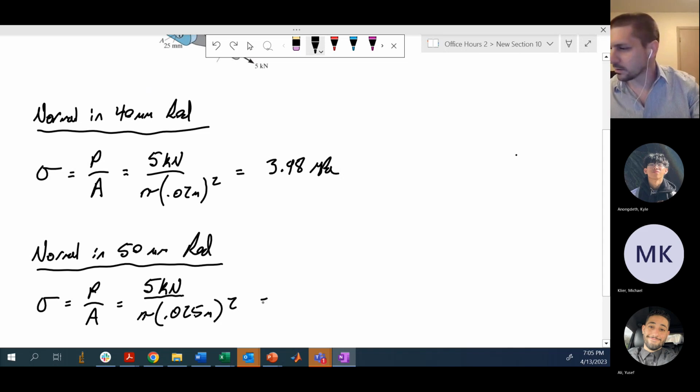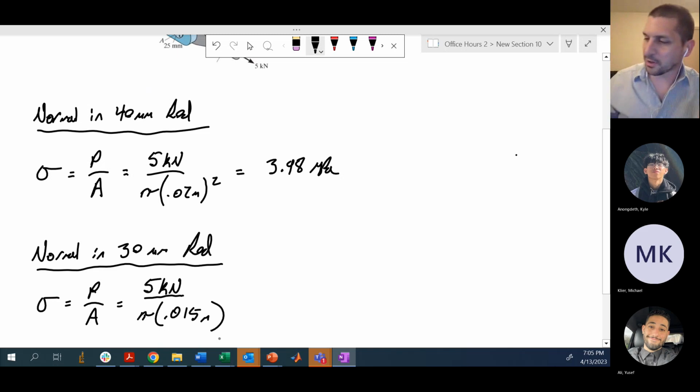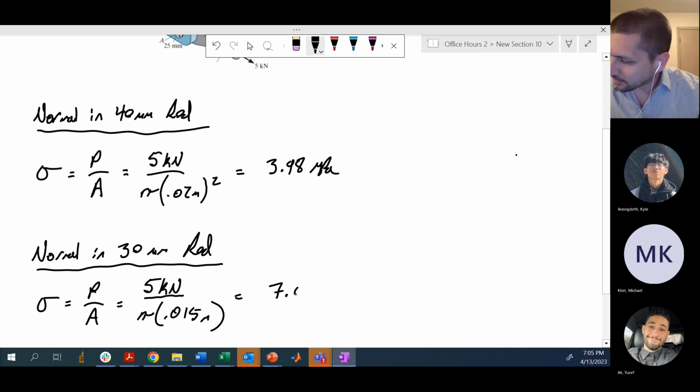Oh, sorry, did I goof this? Oh, sorry, 30 millimeter rod. Why did I write 50? It says 50 in the solution manual. Whoops, 30. So in the smaller rod, it's 30 millimeters. Sorry, here we do this calculation. We're going to have more stress, 7.07 MPa.